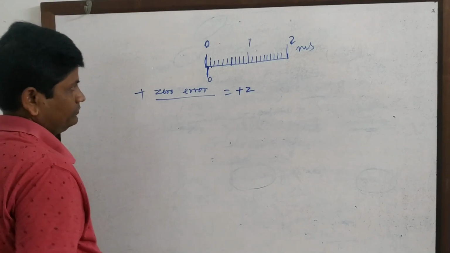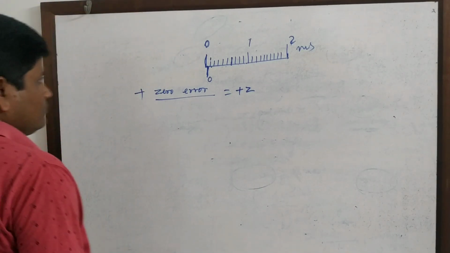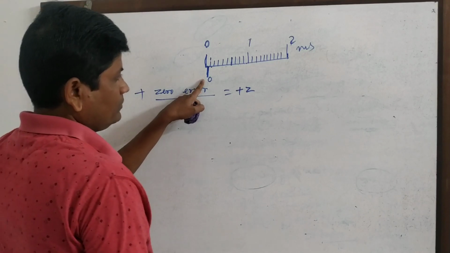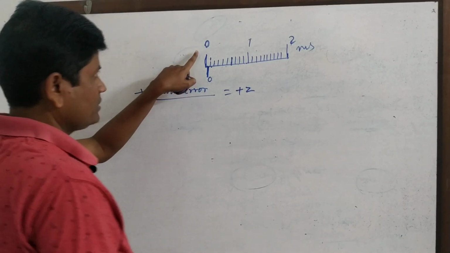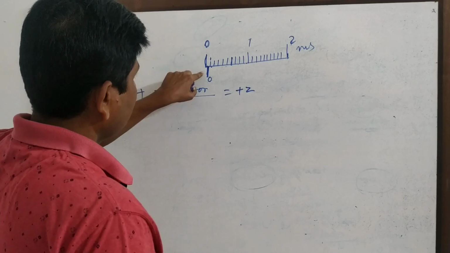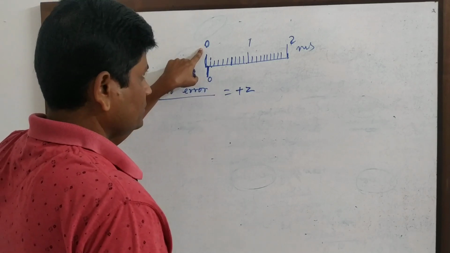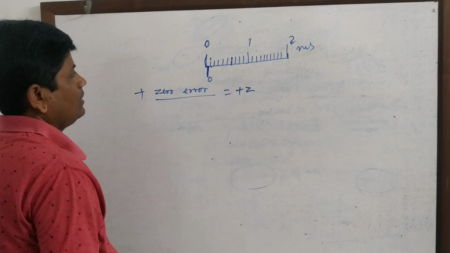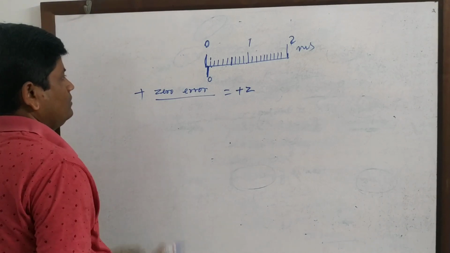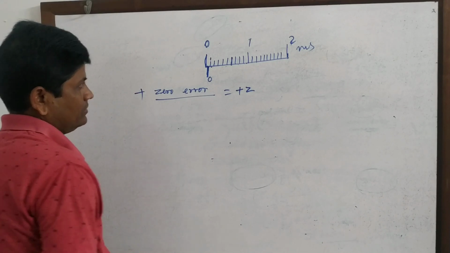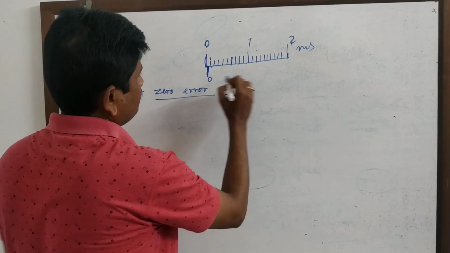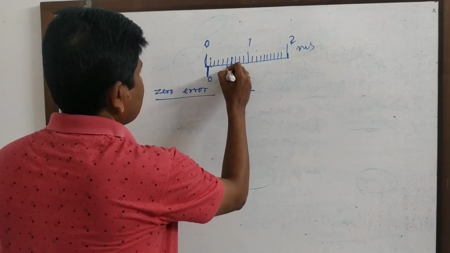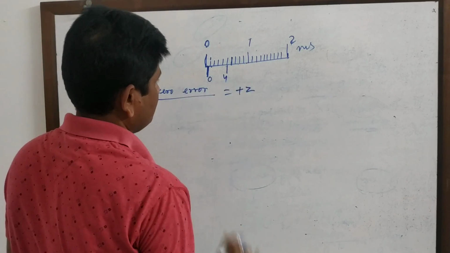In that case, if the 0 mark of the vernier scale doesn't coincide with the main scale and lies to the right of the 0 of the main scale, how do we measure the zero error? It has 10 divisions.